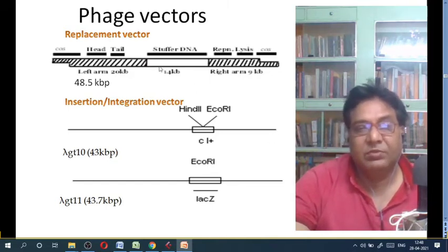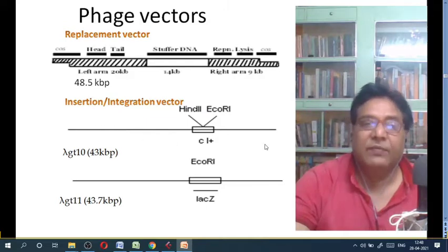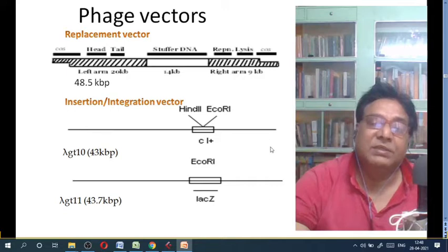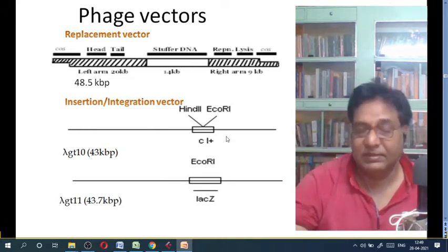So they thought to remove this portion and to ligate the left arm and the right arm so that they can directly be used. But what happened after making this sort of vectors was that the insert size that can be cloned within these vectors is a little less than what you can clone in the replacement vector. These vectors can hold 6 to 9 kb size inserts.